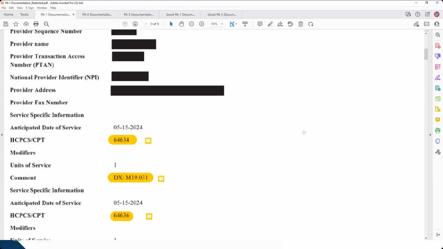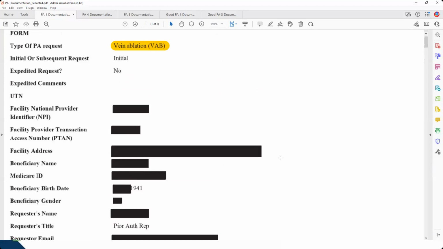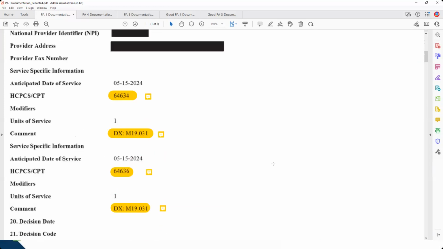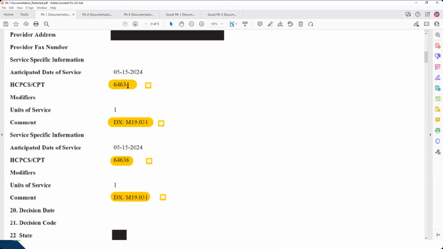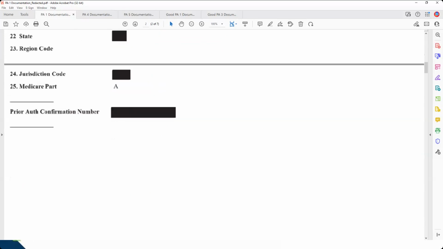So lots of confusion to start with because the request starts out with vein ablation, and then the request gives facet denervation CPT codes, but a diagnosis of a wrist arthritis.